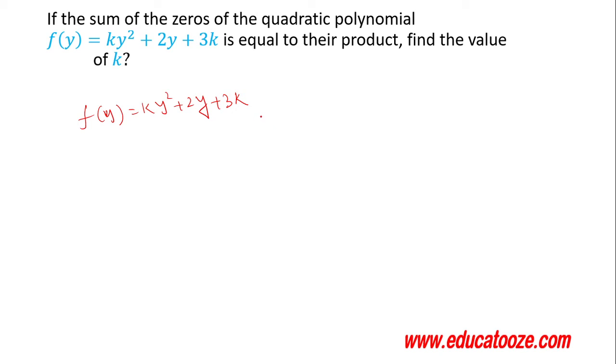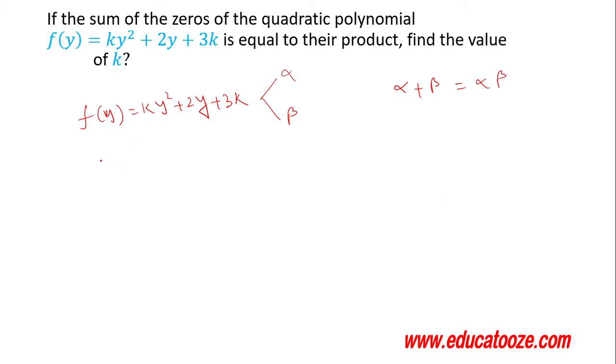Given the sum of zeros of a quadratic polynomial is equal to their product, let's say alpha and beta are the two zeros of this quadratic polynomial. From the given statement, the sum of the zeros, alpha plus beta, is equal to alpha beta. That is given.